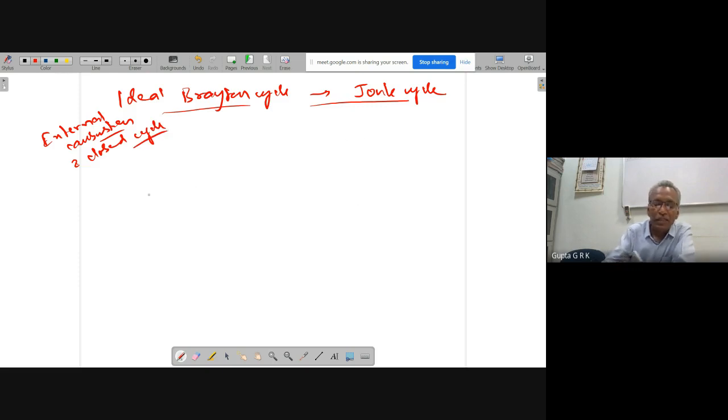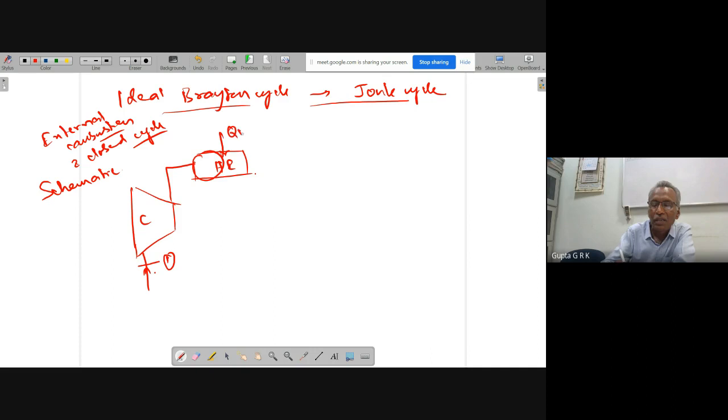So if I draw a schematic, I will have a compressor. The air enters here like this. This is state 1 and this is the compressor, and then it enters the, okay, here I have to put a heat exchanger where I will have heat addition.